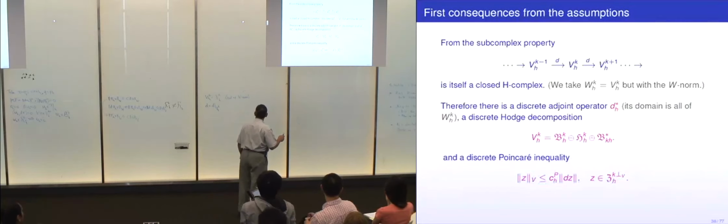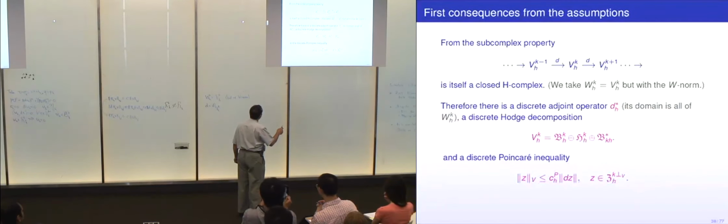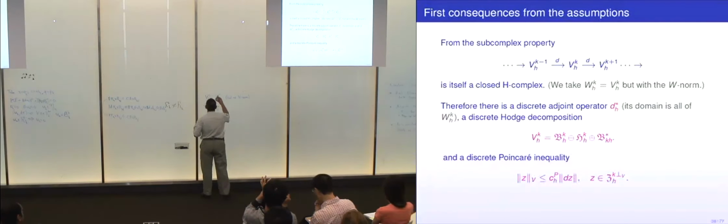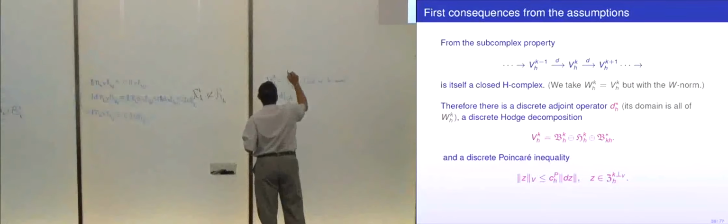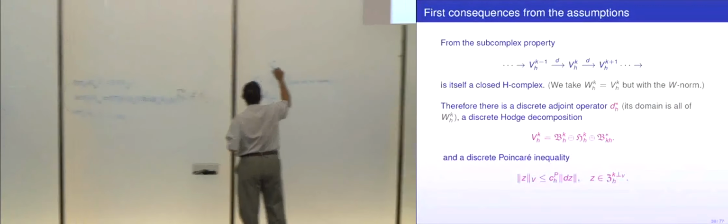There's an adjoint operator on this Hilbert complex that maps some domain in here to a domain in here. It's densely defined. These are finite dimensional, so actually the domain V*^k_h is the same space yet again. So we also have this is equal to V*^k_h.